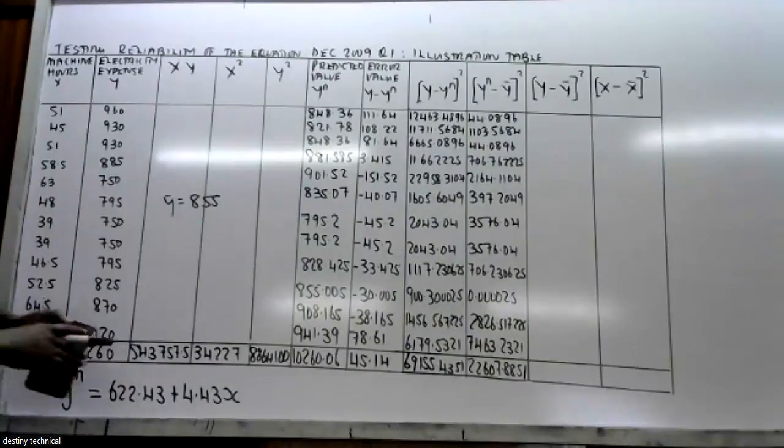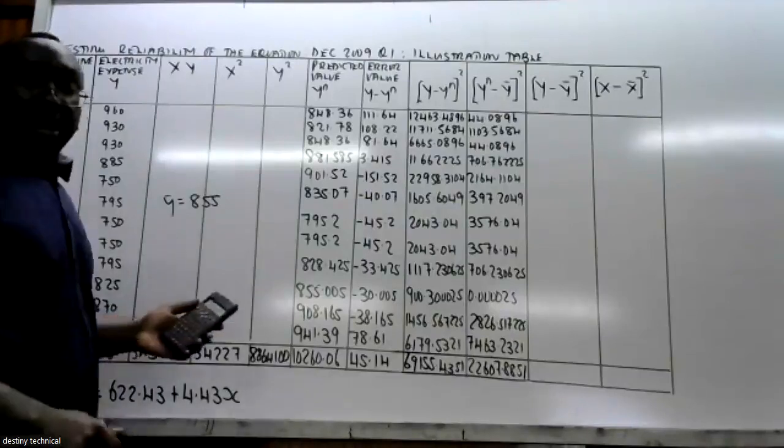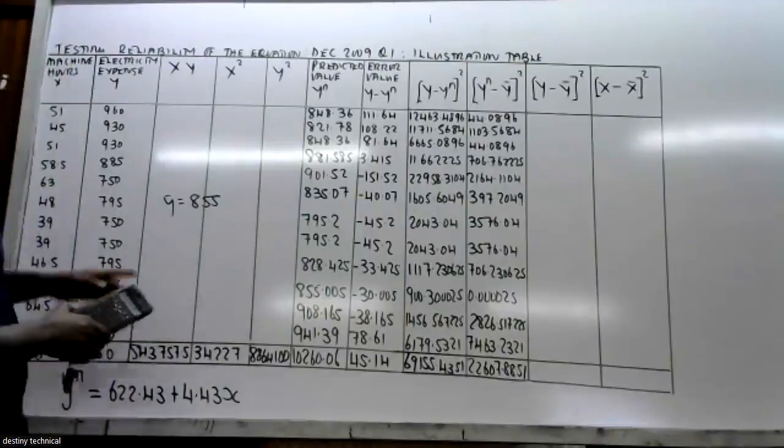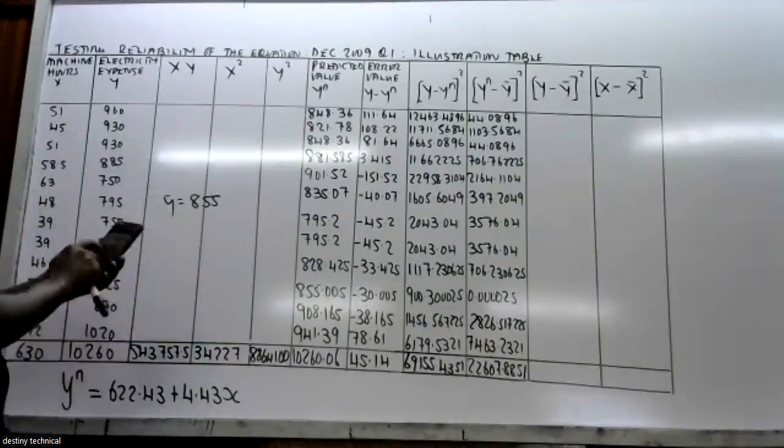Takuwa tunasema, hii hata instead of writing, itaiweka kwa calculator yote. Takuwa tunasema 960 minus this square. So taweka hivi.